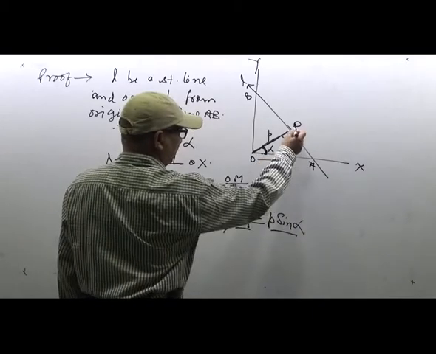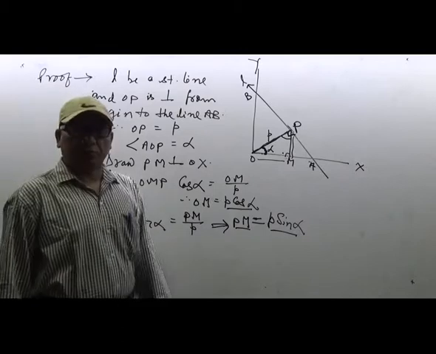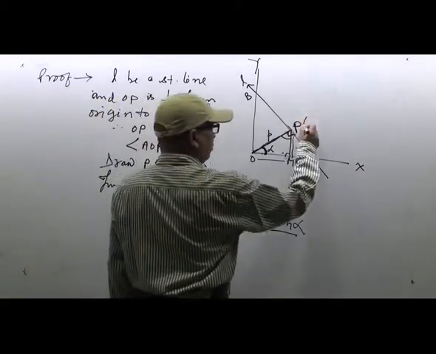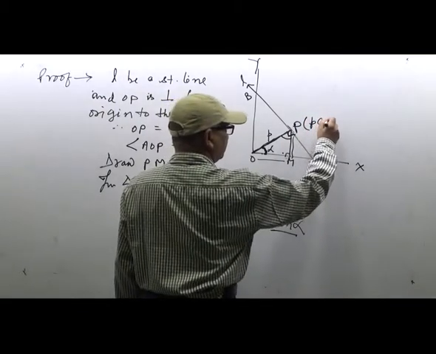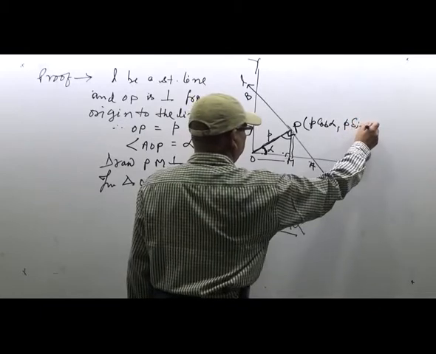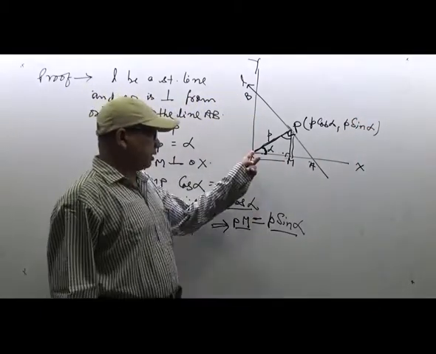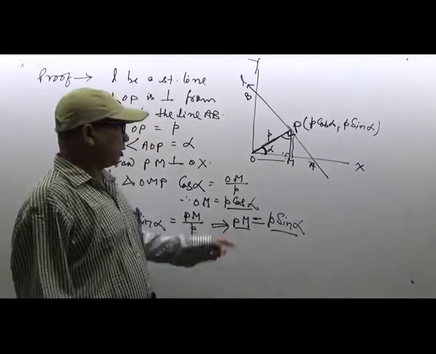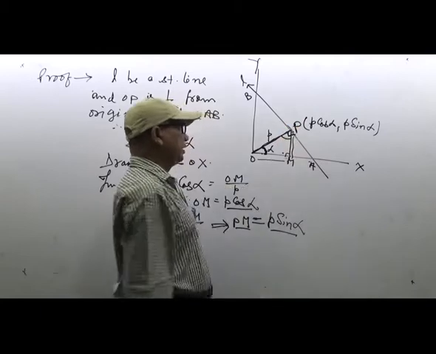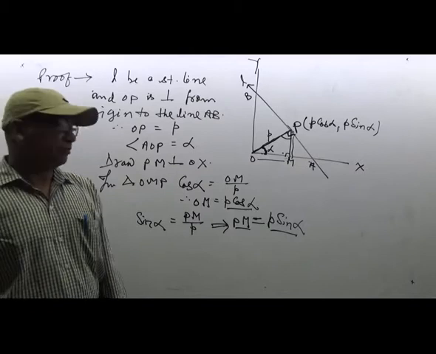OM is given and PM is given. So by the definition of the coordinate, P is p cos alpha and small p sin alpha. Therefore, the coordinate of P is (p cos alpha, p sin alpha).